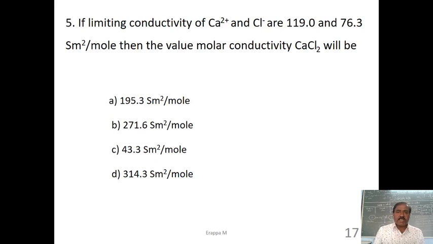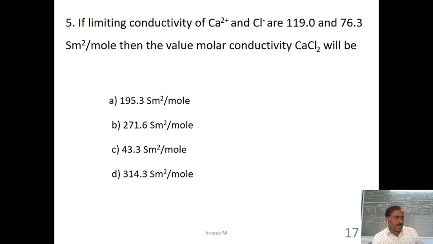If the limiting conductivities of calcium 2 plus and Cl minus are 119.0 and 76.0 Siemens meter square per mole, then the value of molar conductivity of CaCl2 will be, and four answers are given: A is 195.3, B is 271.6, C is 443.3, and D is 314.3, all in Siemens meter square per mole.